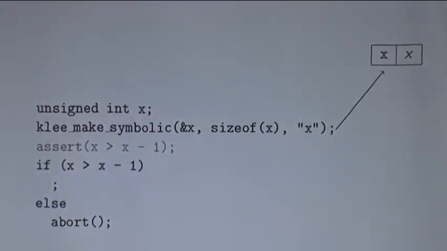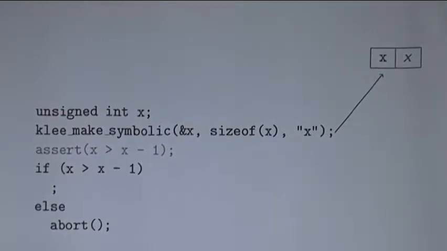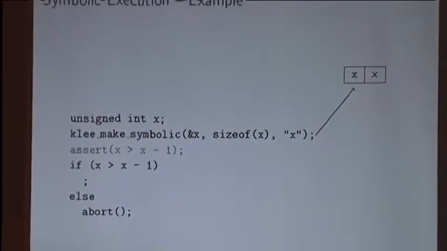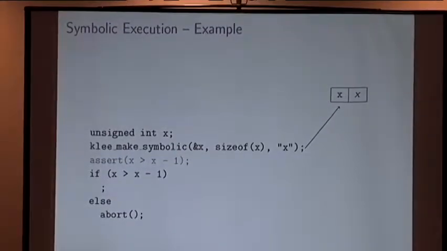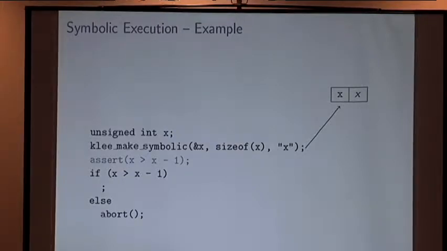And what happens next is that we reach this assert statement, which actually expands to something similar to the if statement underneath it. So you might think, oh, x is always going to be greater than x minus 1, so the false path will never execute.